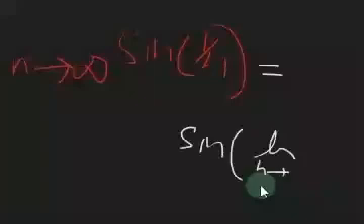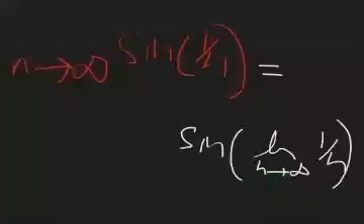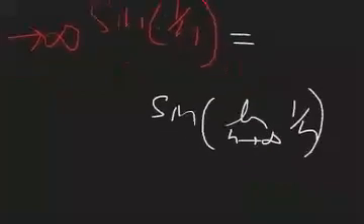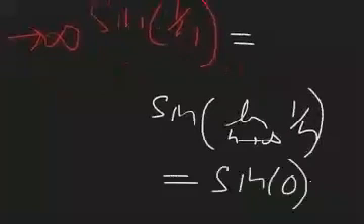Here this sine function is continuous, so this is the same as sine of the limit as n goes to infinity of 1 over n, which is sine of 0, which is 0.